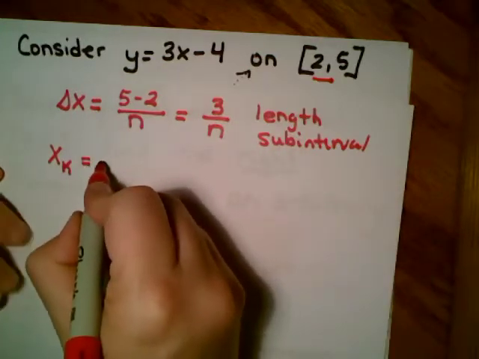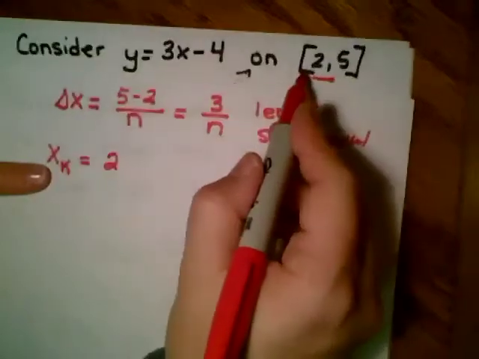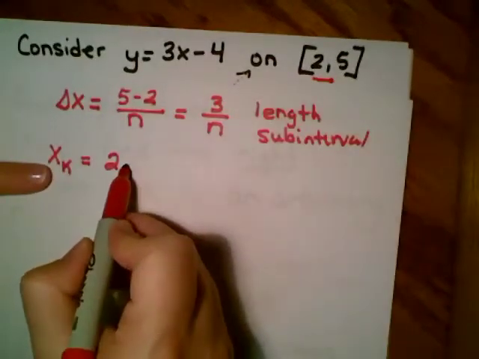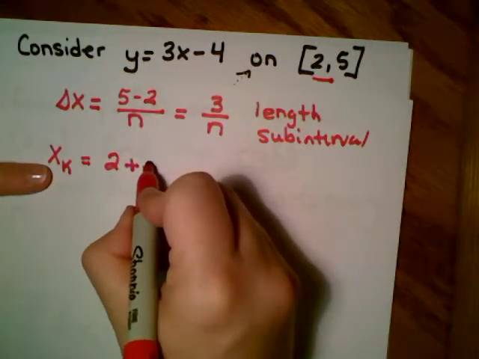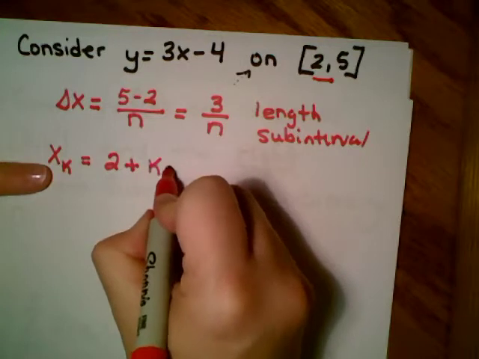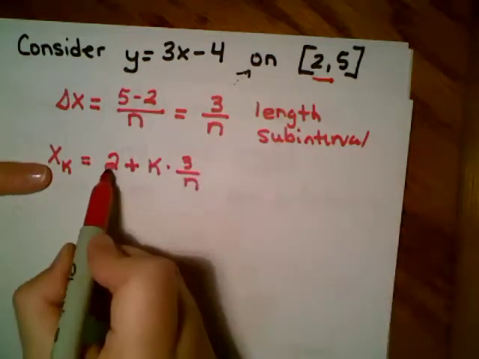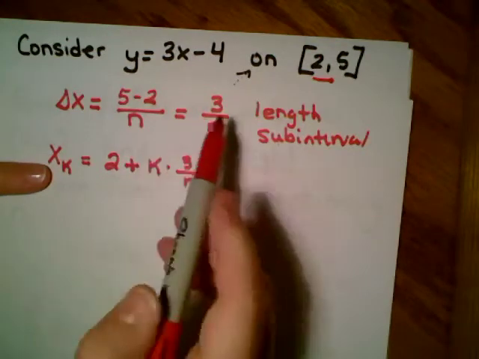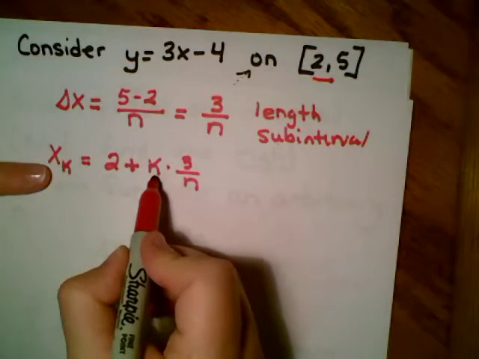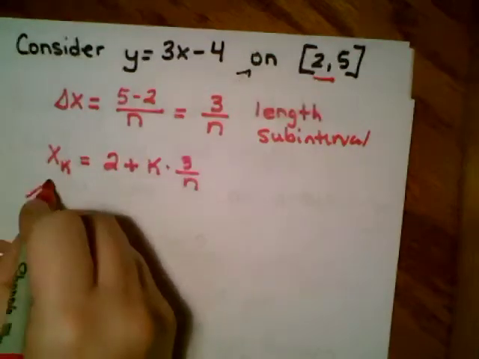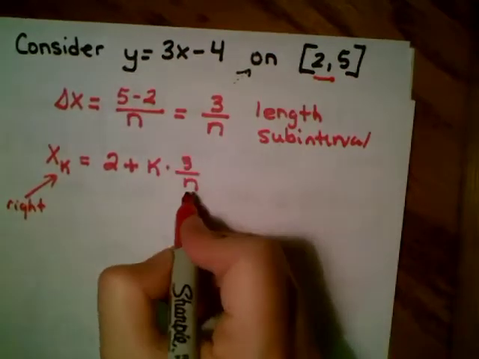And we have to start within the interval, so we have to start at 2, but then we're going to add multiples k of delta x. So the 2 is a, which was given. We're using k as our counter because we're doing right-hand endpoints. And 3 over n was delta x.